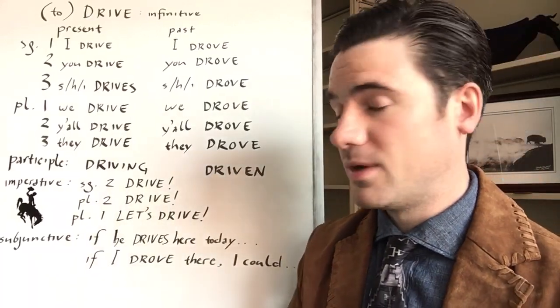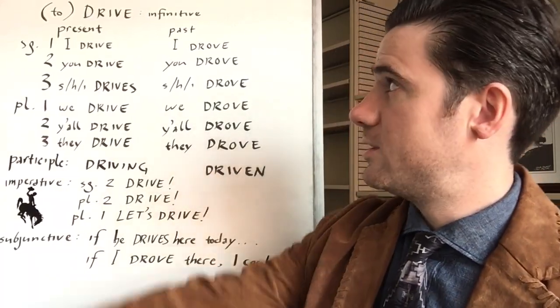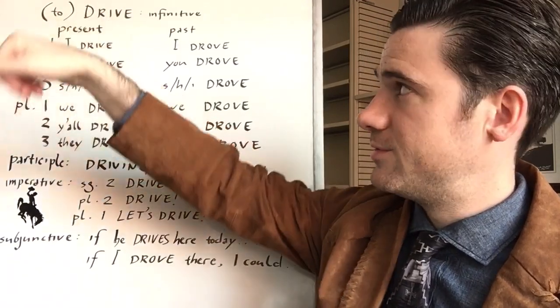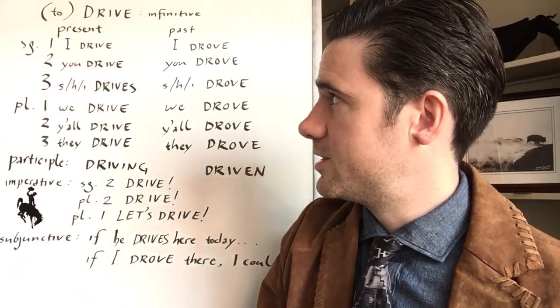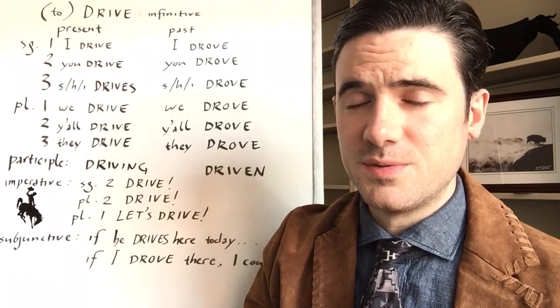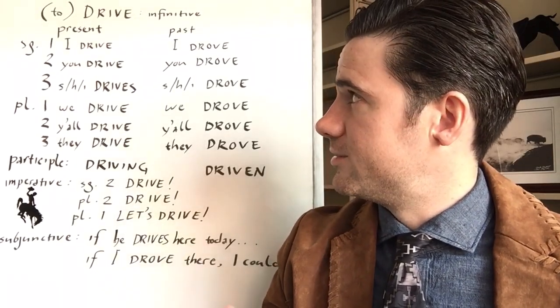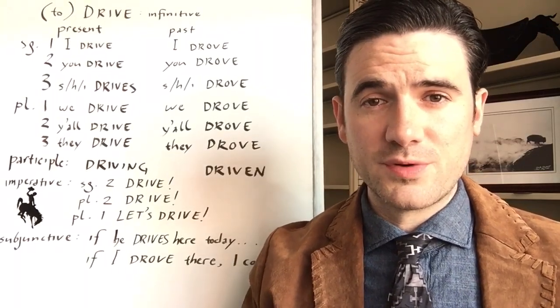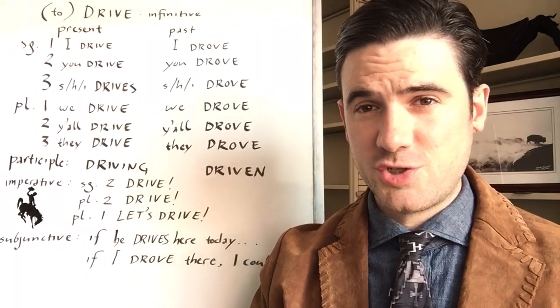Notice that if you look up a verb in English in the dictionary, the form that you're going to find is the infinitive. So the infinitive is sort of, you can consider it like the base form of the verb, even though technically it has an ending to in Old Norse. The infinitive is the form that you use in English with modal verbs like will, can, should.